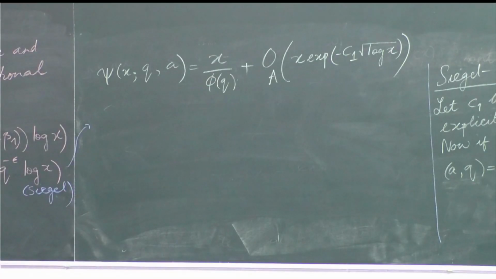And so now the range is q less than or equal to log x to the power capital A. However, there is the fact that we have lost the effectiveness.